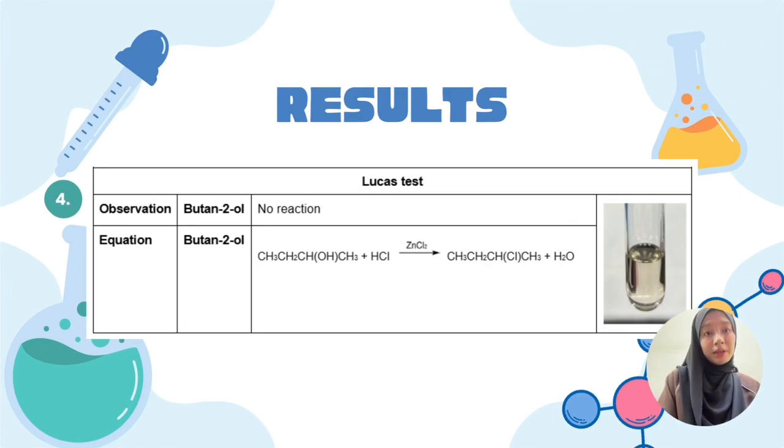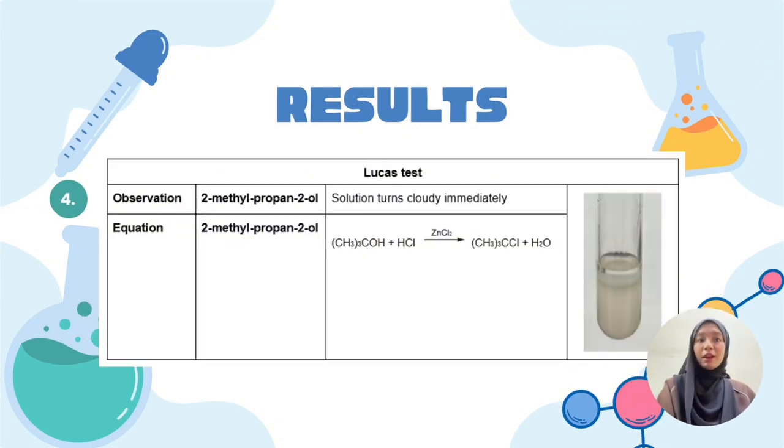Secondary alcohols typically take longer to react and form a cloudy layer only after several minutes of warming. Finally, with 2-methyl-propan-2-ol, a tertiary alcohol, the solution turned cloudy immediately. This rapid reaction confirms it's a tertiary alcohol, since tertiary alcohols react fastest with the Lucas reagent due to the stability of the carbocation intermediate formed.